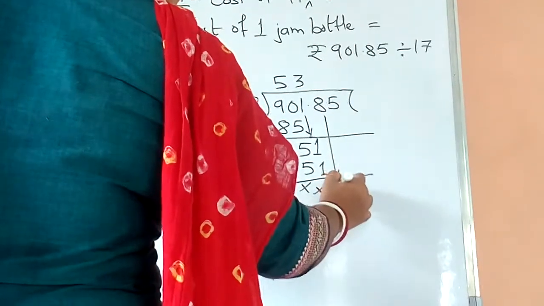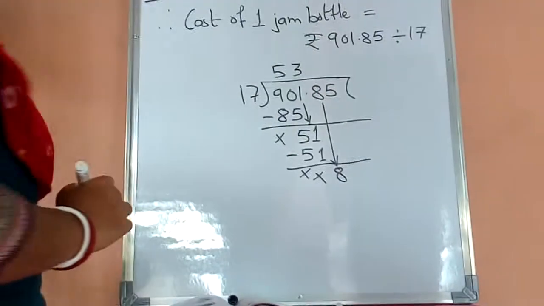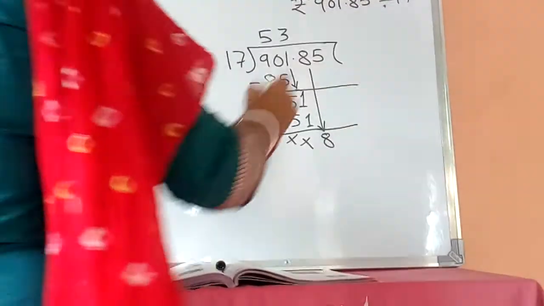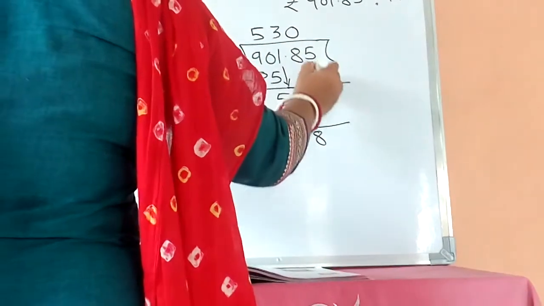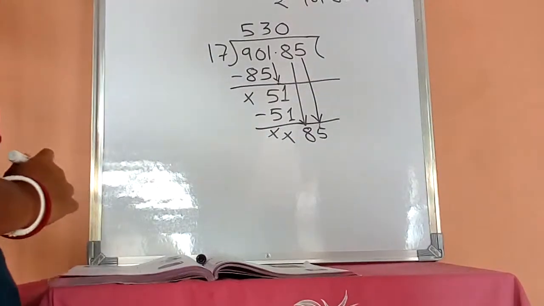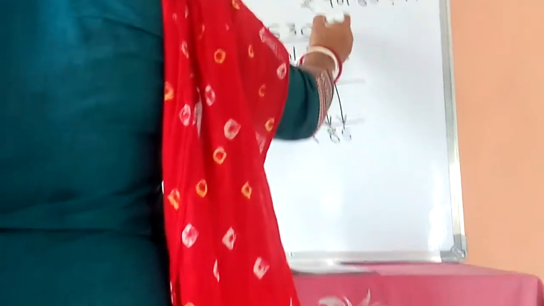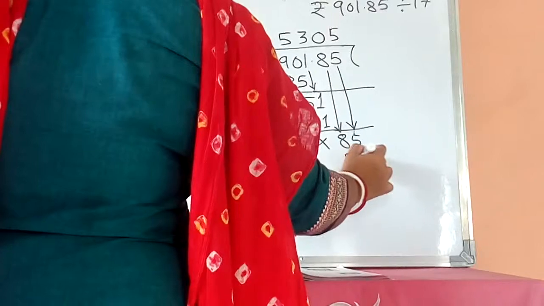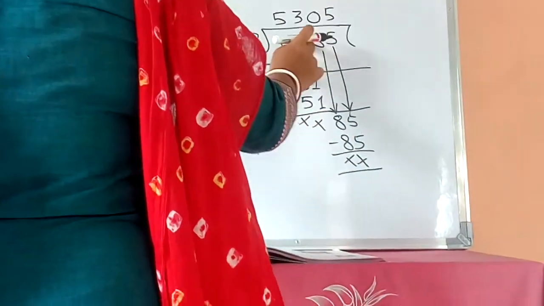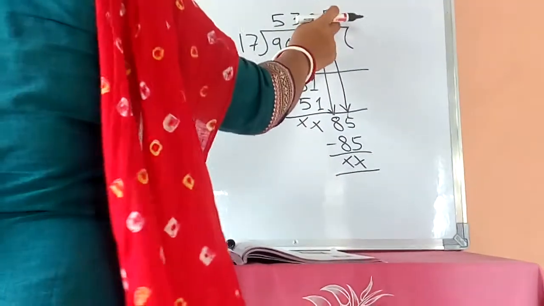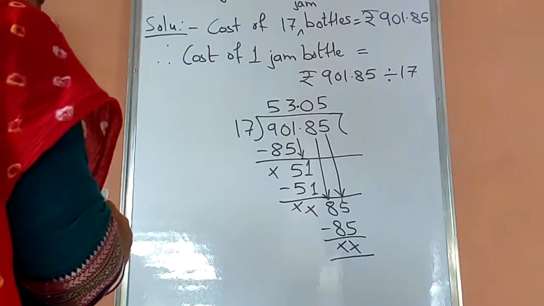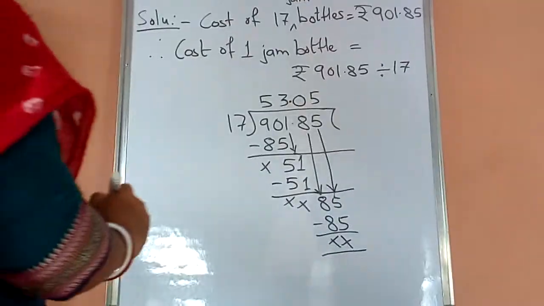Now this 8 will come down, and as you know 8 is smaller than 17, so you will take 0 and then bring down this 5. So it will be 85. Again 17 5s is 85. Subtraction, we will get 0. After 2 digits from the back there is the decimal point. So the answer is rupees 53 and 5 paise.